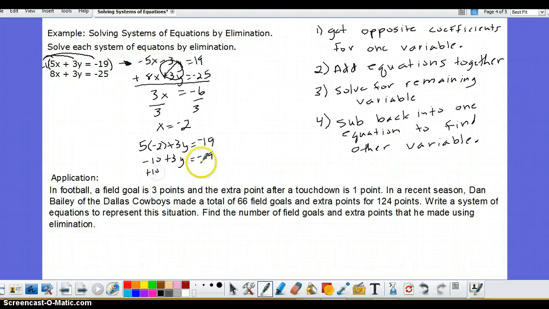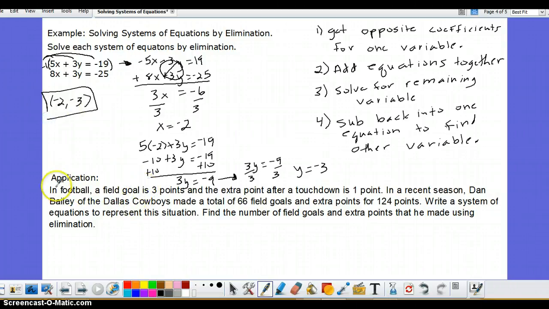Add 10 to both sides. That gives you 3y equals negative 9. Divide by 3, and y is equal to negative 3. So my solution here is negative 2, negative 3.